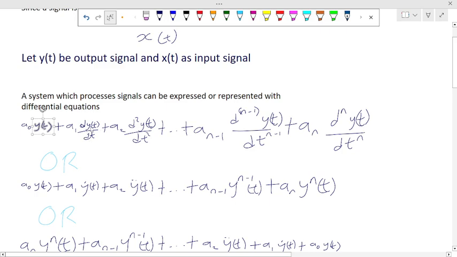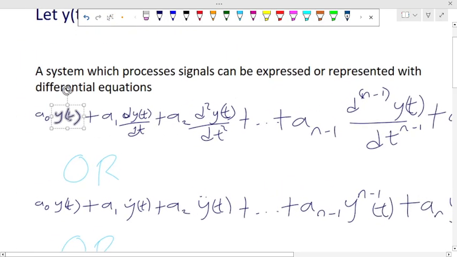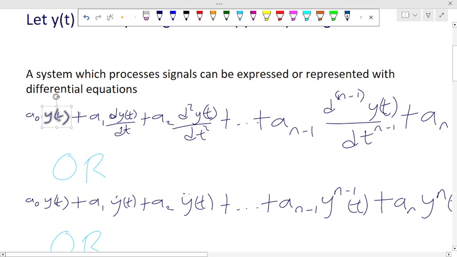Now take the second derivative. Observe, we are just dealing with this guy, y of t. Differentiate it for the first time, you get dy of t over dt. Differentiate it the second time, you get d squared y over dt squared.